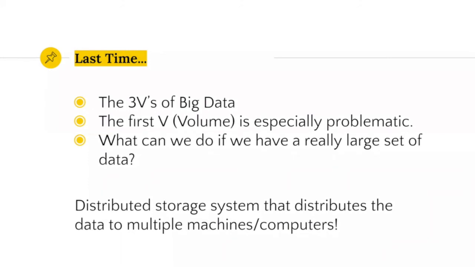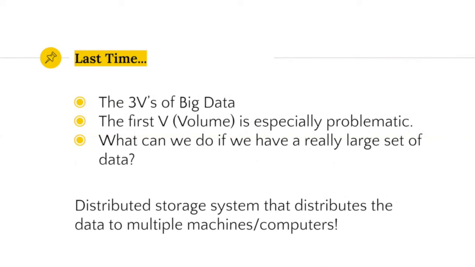So for that scenario, there can be one possibility where we simply purchase a larger computer, aka a supercomputer, perhaps. Another possibility is to add more computers and then make a distributed computing system.